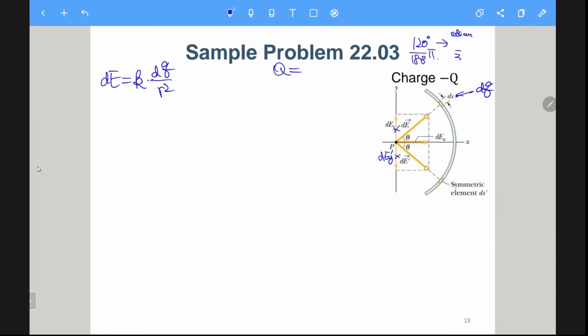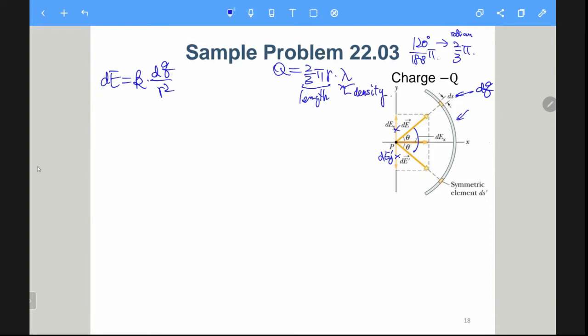So it will be 2/3 pi, which is this angle in radians, and multiply by the radius r. So this is the length. The length of this rod is 2/3 pi r, and then multiply by the line charge density.